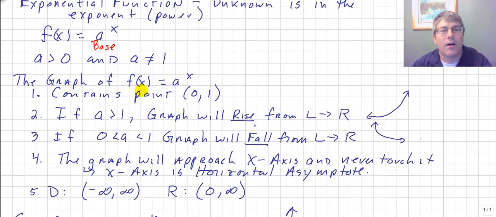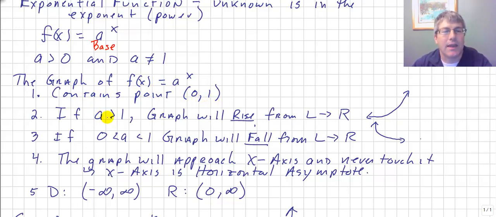The graph of an exponential function will always contain the point (0, 1). If you think about it, that makes sense, because if x is 0, anything raised to the 0 power gives an output, or y, of 1.